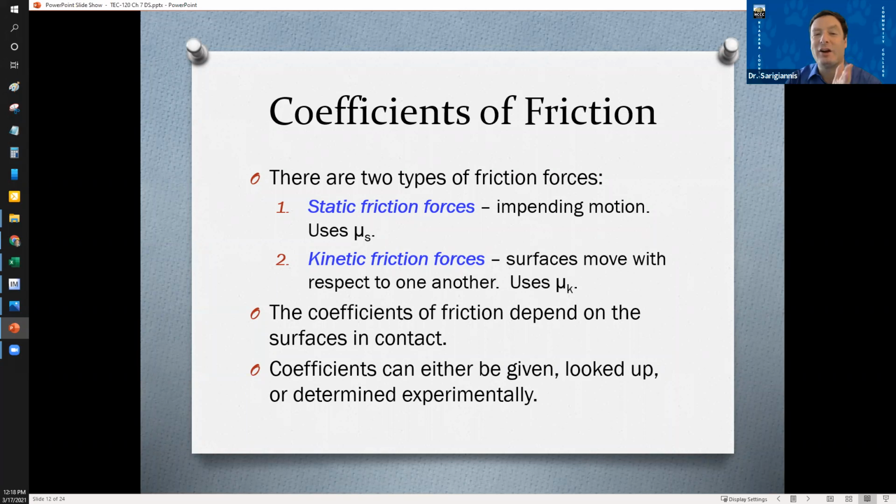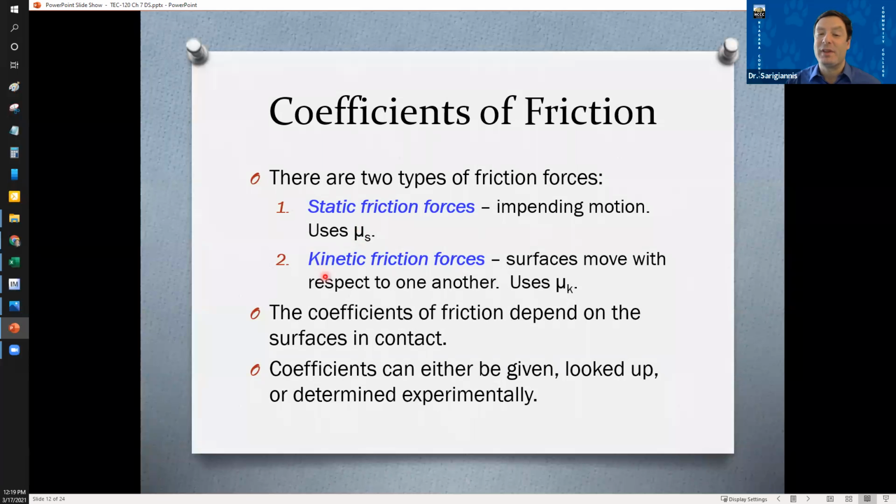And that's characterized by two different coefficients of friction. Mu s is the static friction. This is up to impending motion.